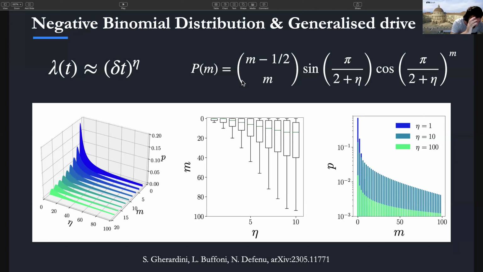Okay, so what I can tell you is this. The negative binomial distribution is understood like this. You take a total number of trials, and you specify the number of successes and the number of failures.